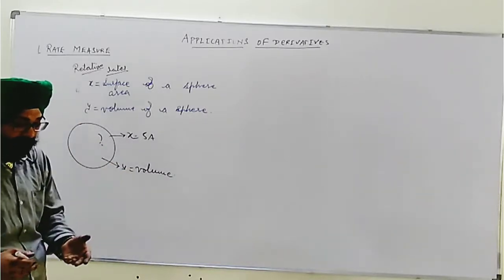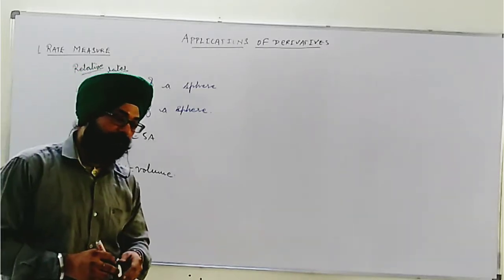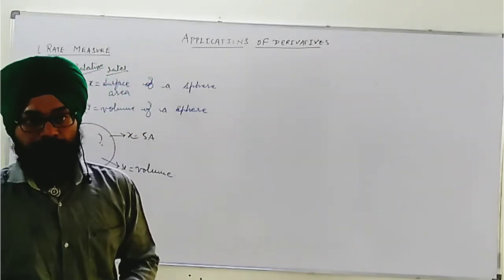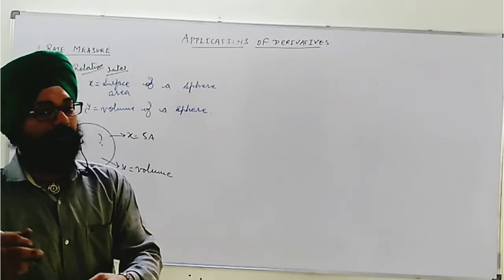If I want to see the change in volume with respect to the surface area, there is a doubt about how we can see the change in volume with respect to surface area.